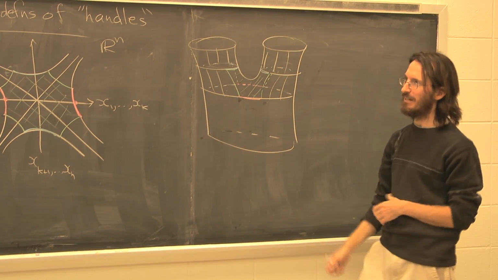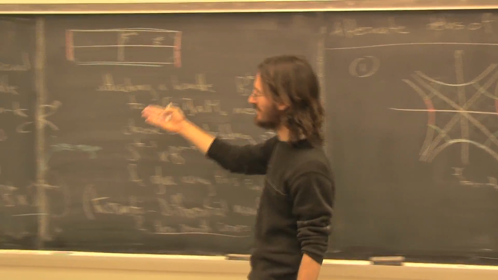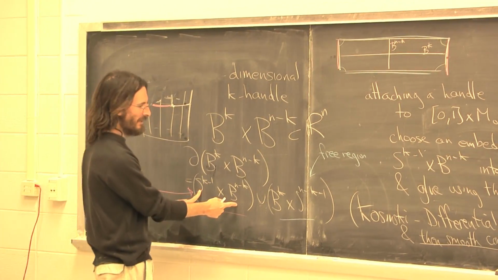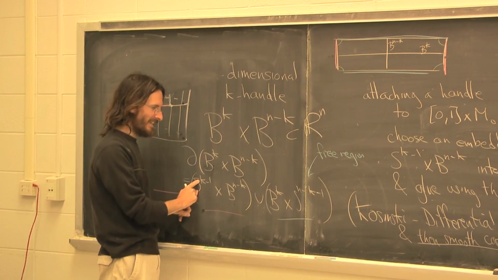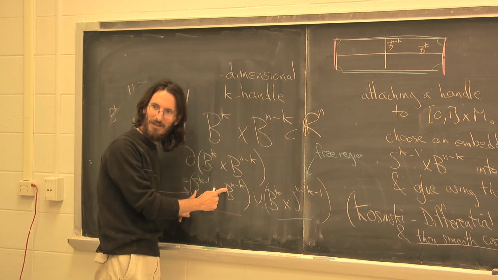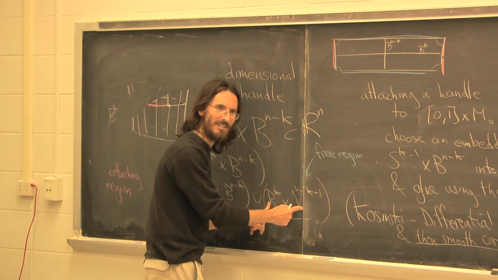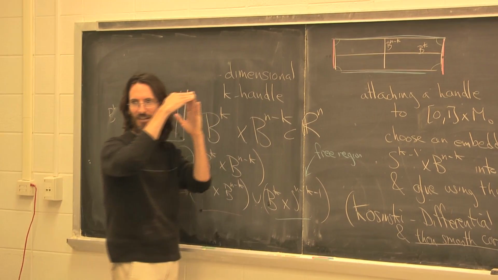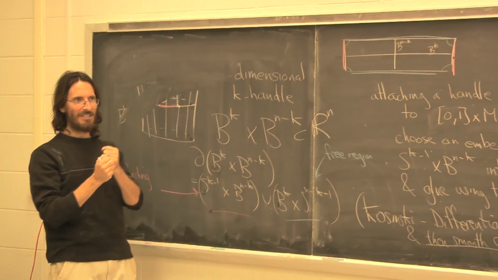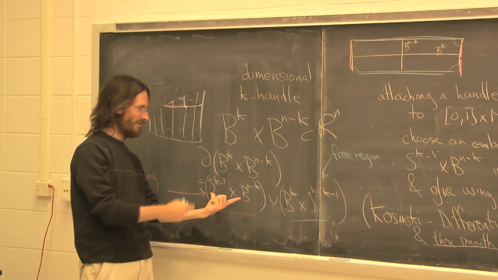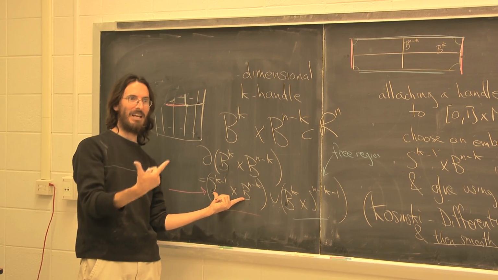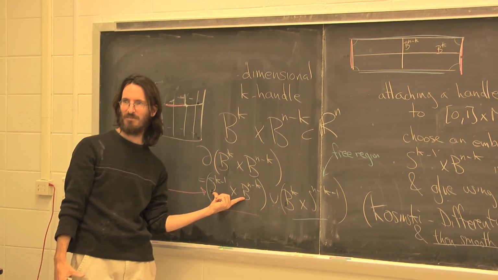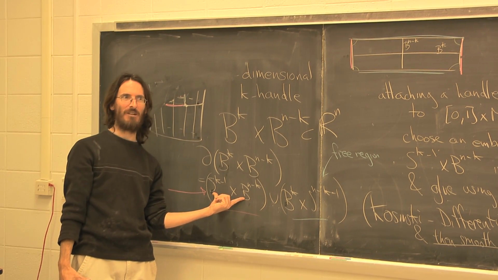The other thing to notice about these two pieces: what's the boundary of S^(k-1) cross B^(n-k)? It's S^(k-1) cross S^(n-k-1), which is the same as the boundary of this. Of course, they have the same boundary because they glue along it. So you're removing something which has a certain sphere cross sphere boundary and replacing it with something else that has the same sphere cross sphere boundary. Okay, and that's general surgery.